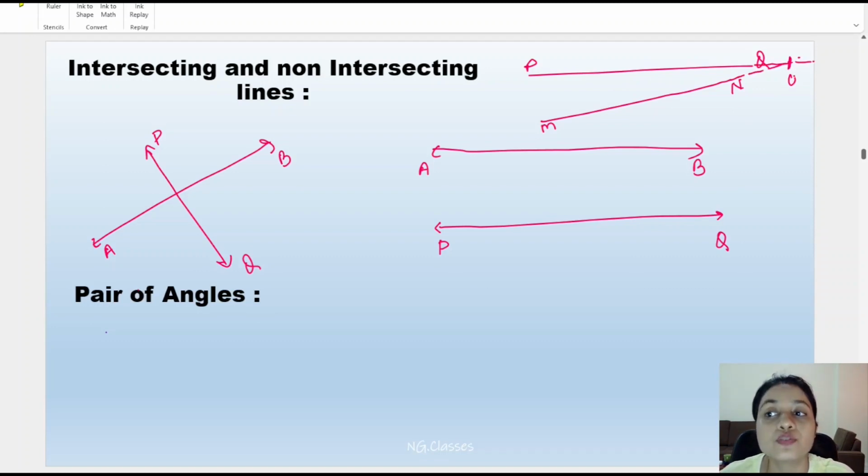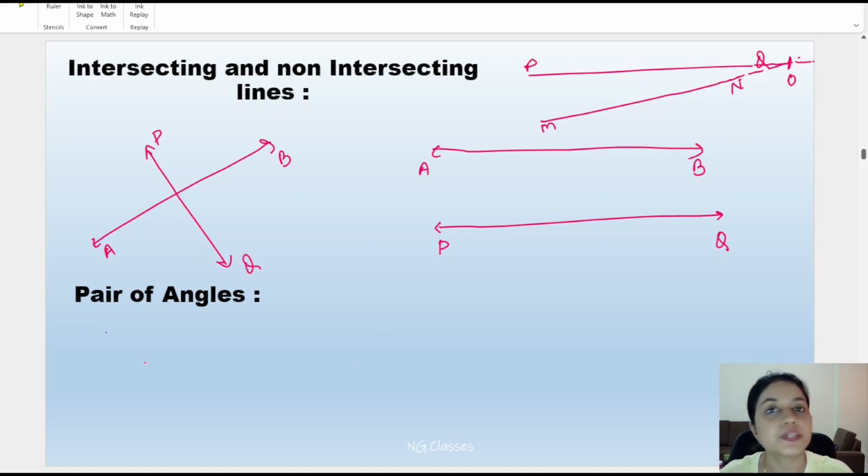Can you see eventually it is intersecting each other? So there can be only and only two cases when we have two straight lines. Either both the lines will intersect each other or both the lines will be parallel to each other.